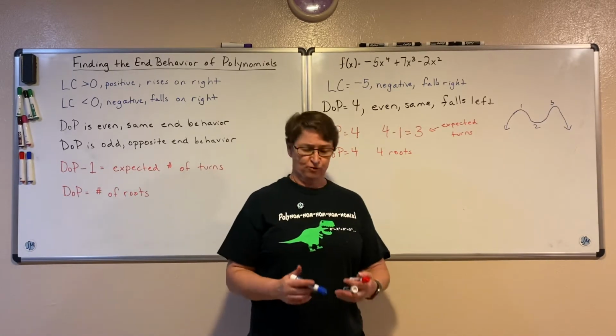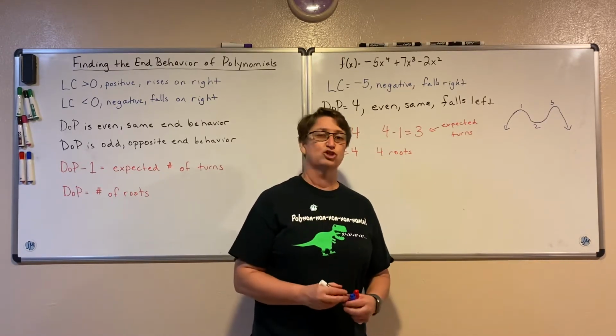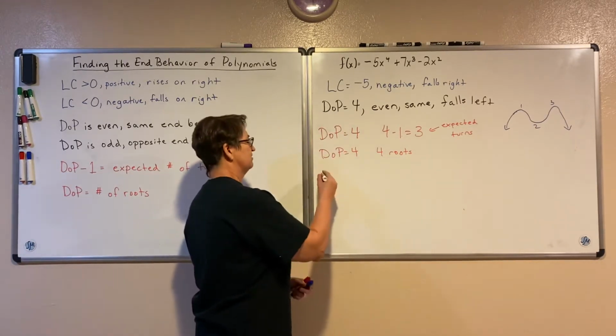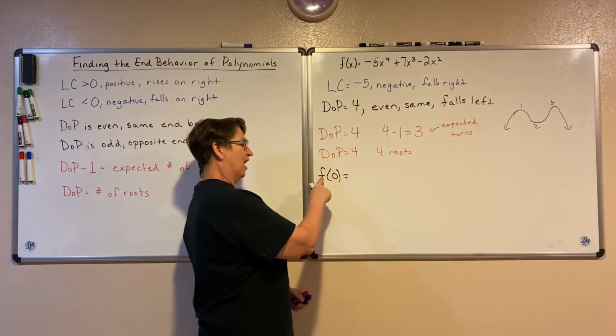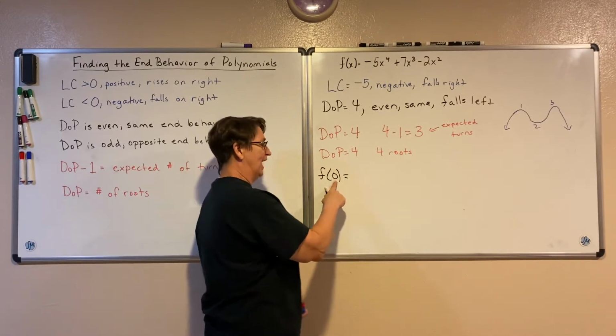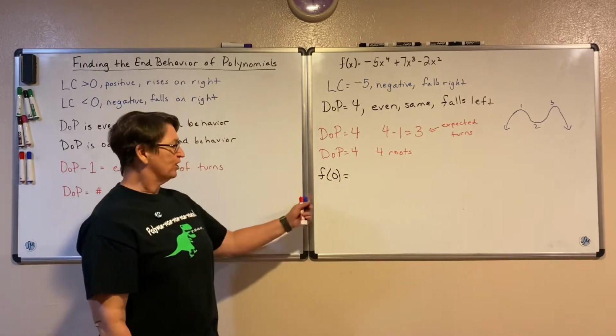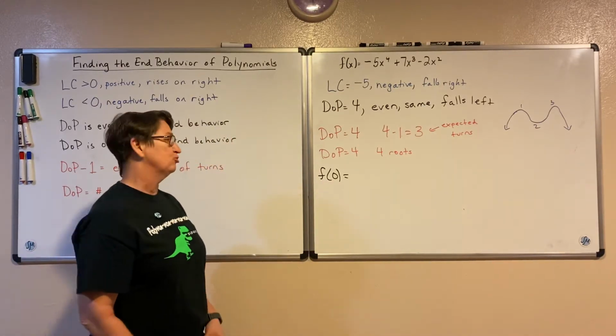Let's just practice for a minute some things that we've learned before about polynomials, or just about functions in general. In the past, we have done this, where we have our function and we insert 0 for x. That just says that we're going to find our y value when x is 0. Let's do that now.